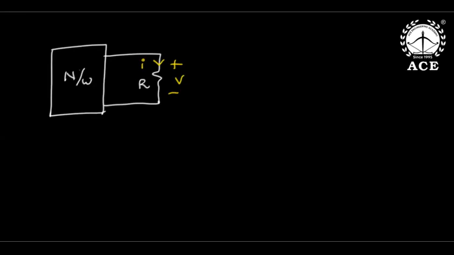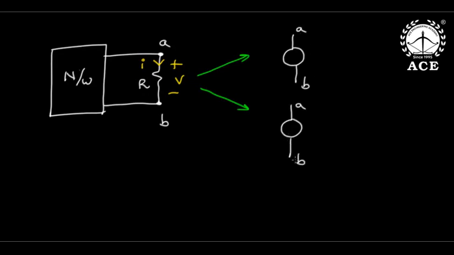Any passive element can be substituted in terms of its equivalent voltage or current. I can substitute this resistance between terminals AB in terms of voltage or in terms of current.